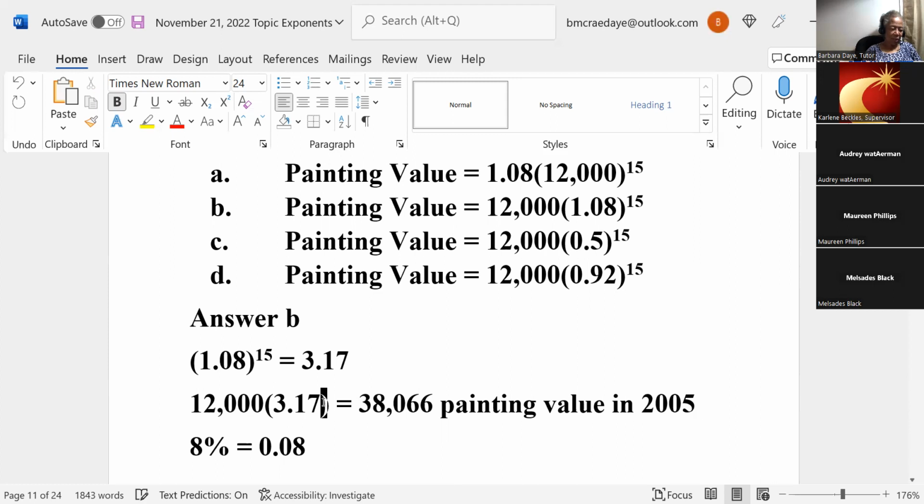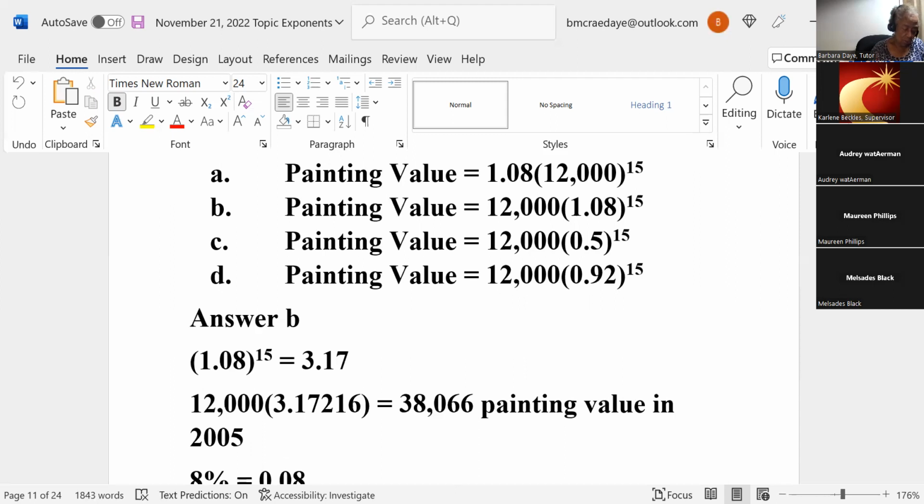I didn't use the 3.17 rounded. I actually used the whole thing. But you could use the 3.17. If you use the 3.17, you'd probably get a little less than what I got, but it's okay.